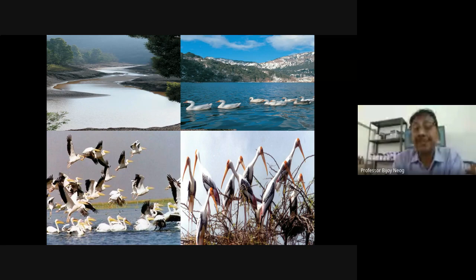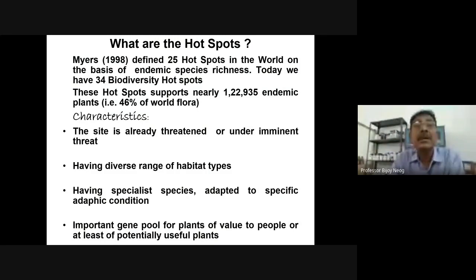Though we are sitting on the hotspot or the mega biodiversity centers, it is very difficult to control the population explosion, as well as the need of the present hour. And just to fulfill these things, we have destroyed our ecosystem. As you have seen, we have the hotspots, which support more than around 50% of the world flora. But it's not like that.